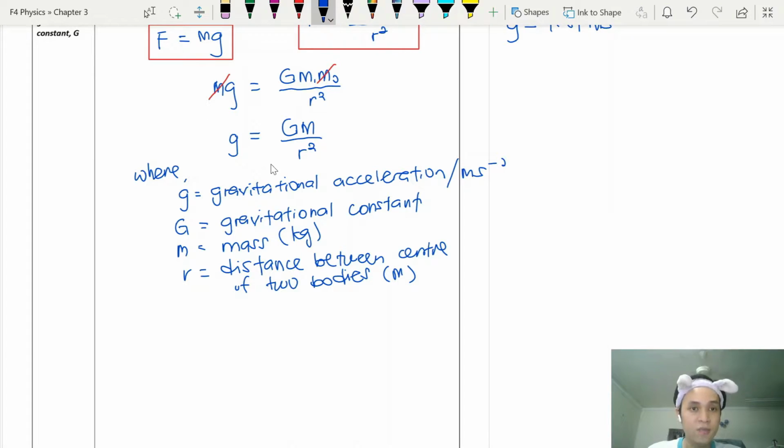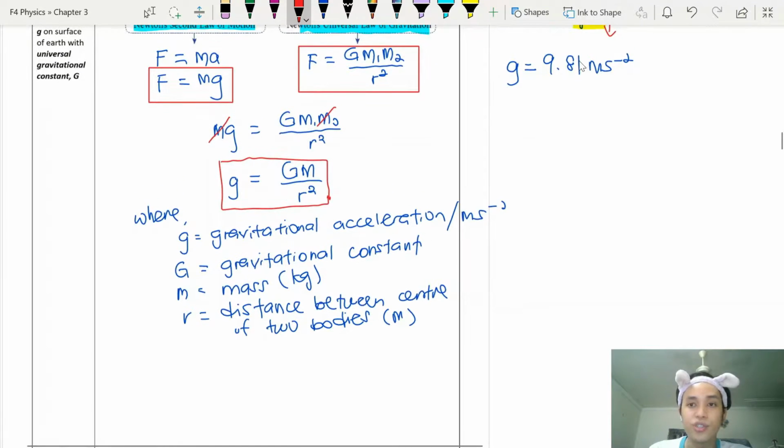So this is the formula to calculate gravitational acceleration. How do we get g equals 9.81? It's actually based on this formula. Later at the bottom, I think I have one question that requires you to calculate the gravitational acceleration.